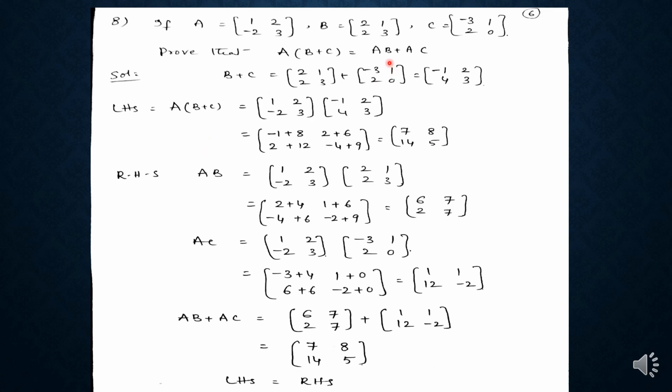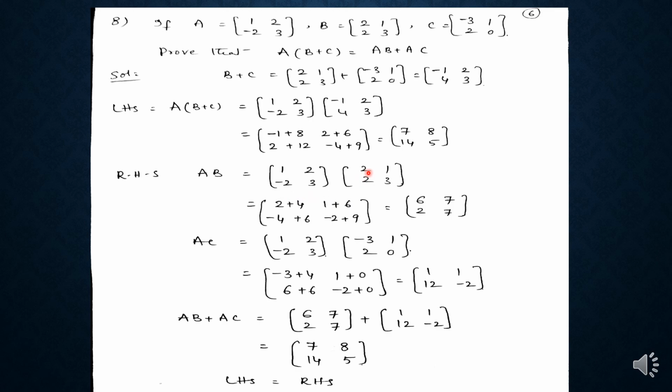And RHS is AB plus AC. AB is equal to A into B. A is [1 2; -2 3], B is [2 1; 2 3]. By multiplying these two matrices, 1 into 2, 2, plus 2 into 2, 4. 1 into 1, 1, plus 2 into 3, 6, that is 1 plus 6.